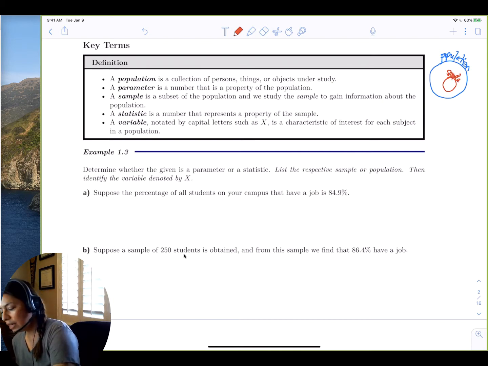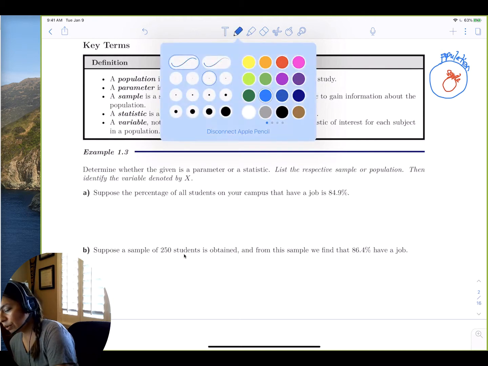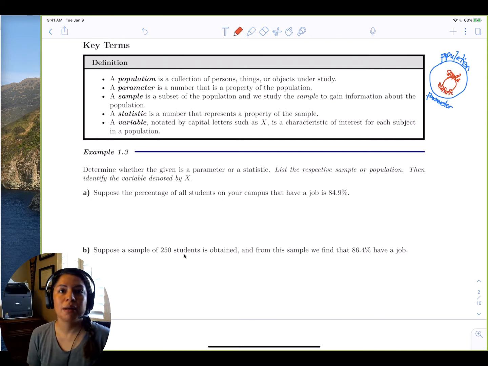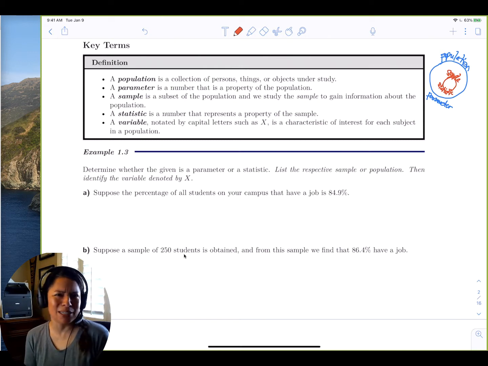Okay, and within the population and sample, remember, you will be given parameters, which is a number, and a statistic, which goes with sample. I would say P with P and S with S. That's the best way to memorize it.